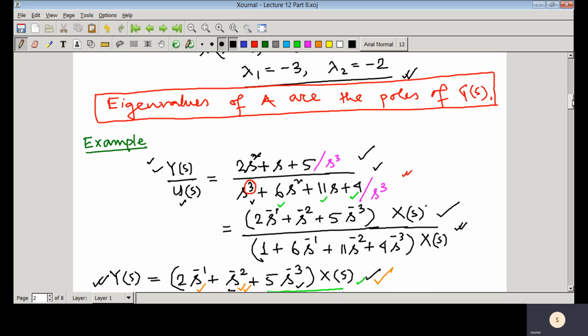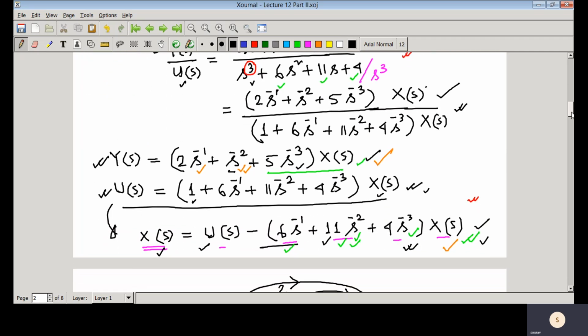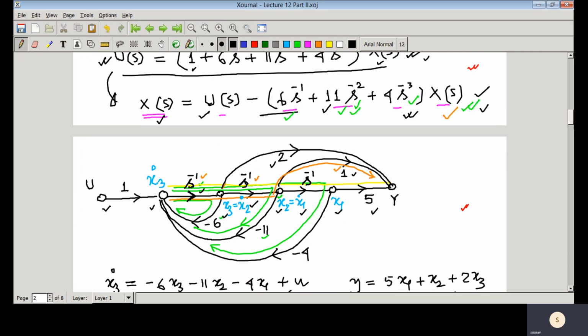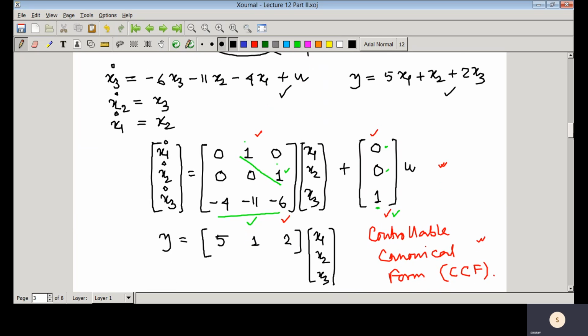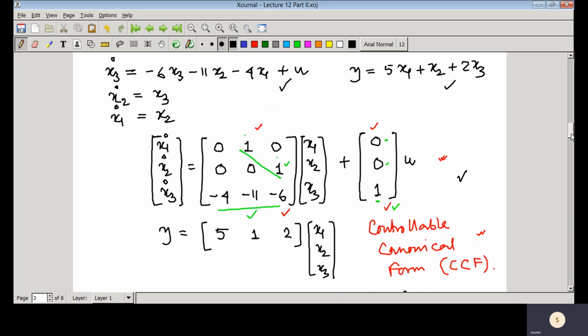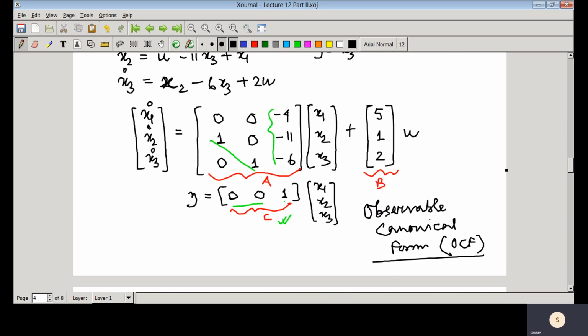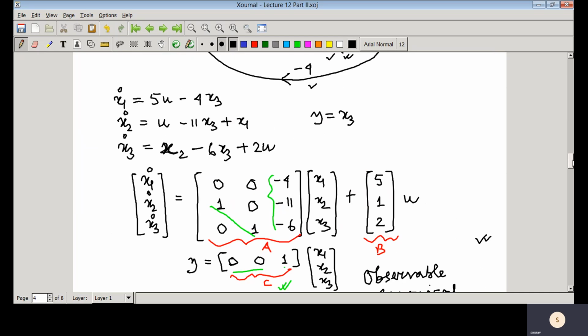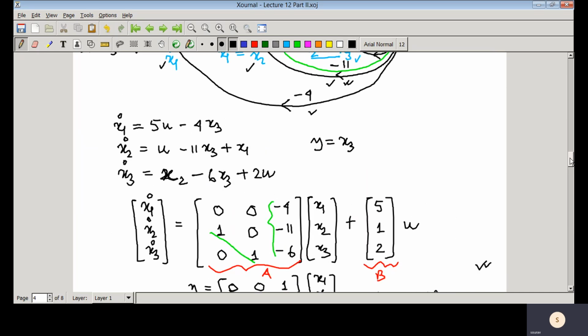So what we have seen, whenever some transfer function is given, we can have that realization because it is a strictly proper transfer function. Any realization we can have, but in this particular example, we have seen two specific realizations. One is controllable canonical form, CCF, this one, and this is observable canonical form. So it is clear that for the same transfer function we can have many realizations.